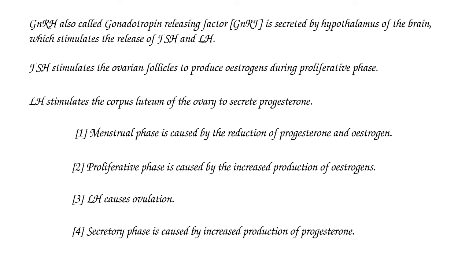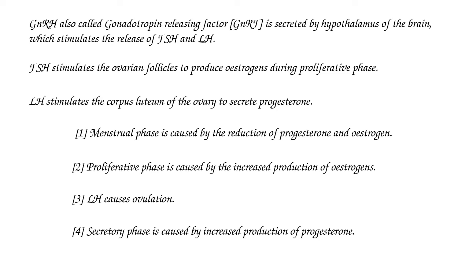So follicle stimulating hormone stimulates the ovarian follicles to produce estrogens during proliferative phase to increase the number of multiplications in endometrium. Luteinizing hormone stimulates the corpus luteum of the ovary to secrete progesterone if fertilization takes place.